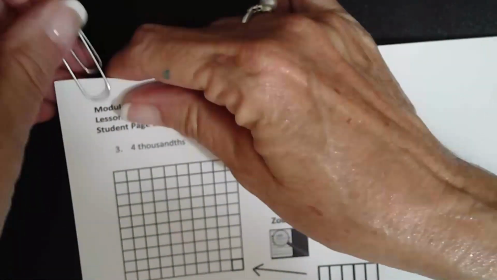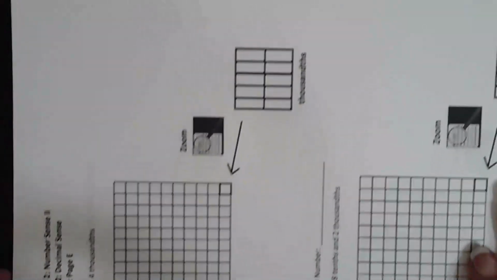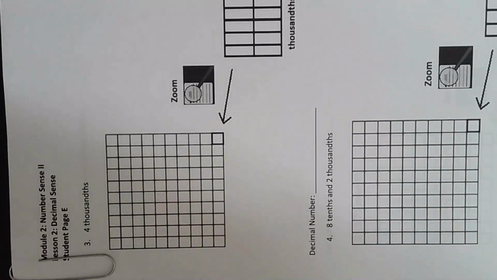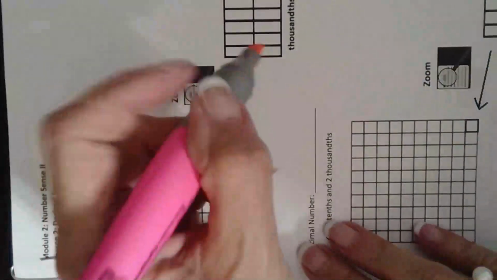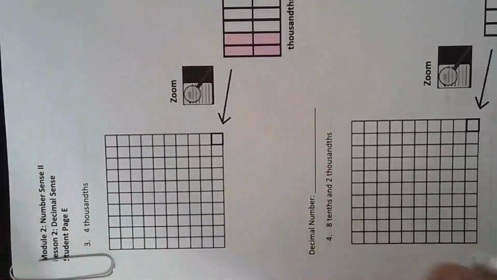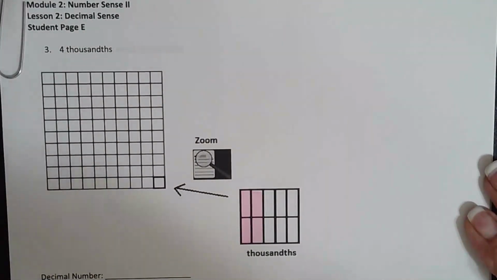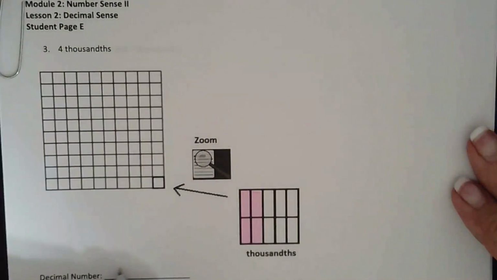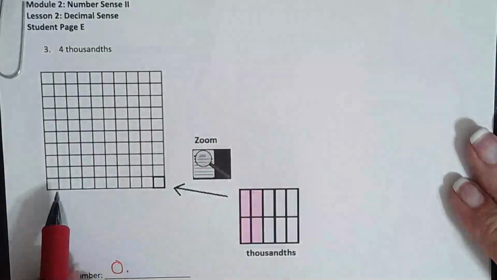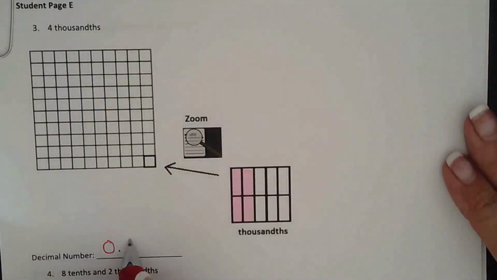Okay, let's do a couple more. Like I said, there's a million of these. So let's do the first one, and you guys can do the second one. So this one says 4 thousandths. So we just do 4 in the thousandths box and nothing else. So since the number has thousandths, I know there's 3 decimal places, so I say how many strips are there? 0, no tenths.